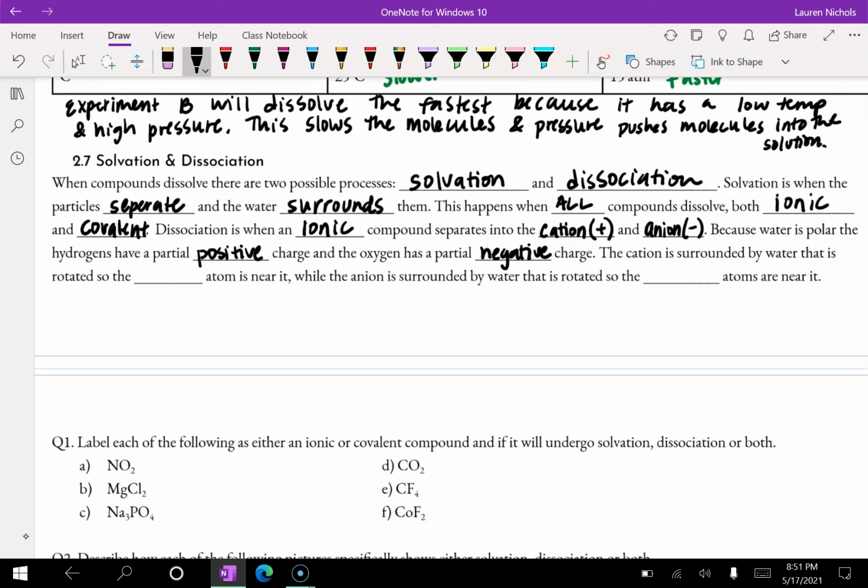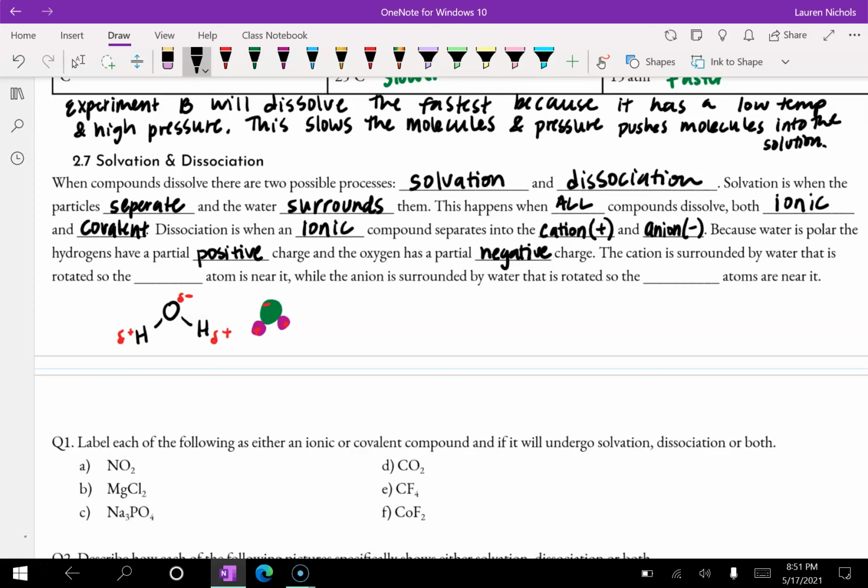So when we draw a water molecule, there are two ways you might see it. You might see it like this, called the stick and ball model, with the elements and you've got those two. So we would say that oxygen has a partial negative, whereas hydrogens are partial positive. You could also draw it with your oxygen and your two hydrogens, and you might draw it with negative and little positive signs in there.